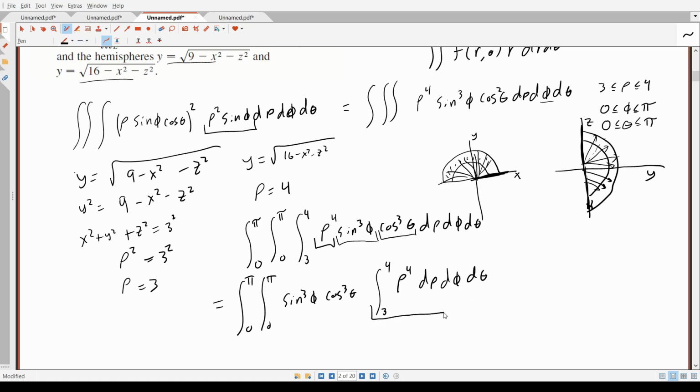Now, this term right here doesn't depend on theta or phi at all, right? It's a constant as far as theta and phi are concerned. So I can pull it out of those integrals as well.